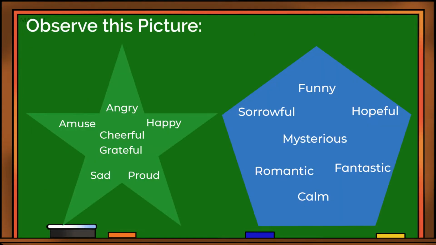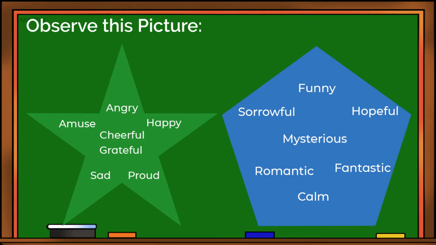Now, observe the picture. Yes, it's a star and a pentagon. What words are there inside the star? Good job! The words are angry, amused, happy, cheerful, grateful, sad, and proud.